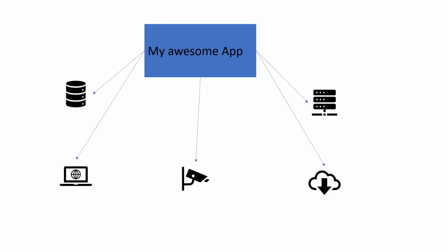Now let's take it a step ahead, and let's say you want to build your awesome app, but in modern technology your app needs to have several other integrations, because you probably don't want a desktop application, you want a web based application. So it most certainly will need a server.